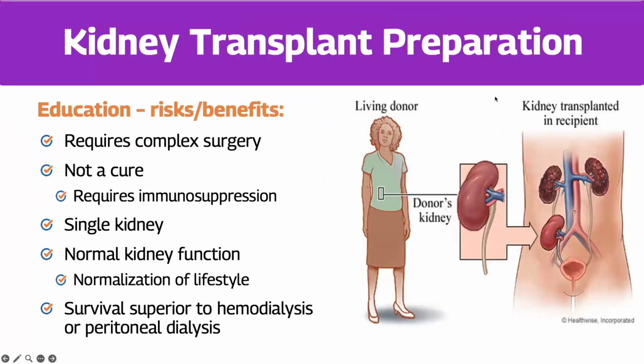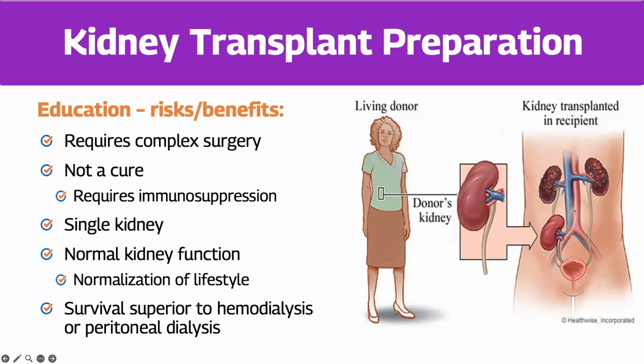While we know that transplant has a superior outcome in terms of both survival and quality of life, patients need to understand that kidney transplantation also has risks. Most importantly, patients must know that transplantation is not a cure because they will have to take immunosuppressant medications for the life of their transplant, basically to prevent transplant rejection.